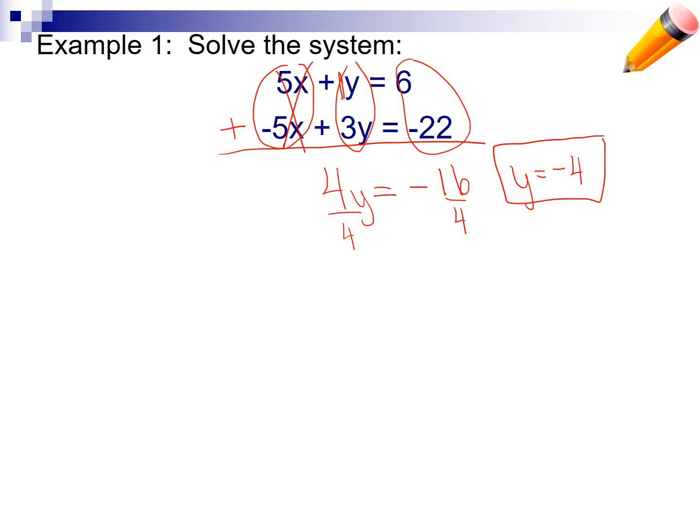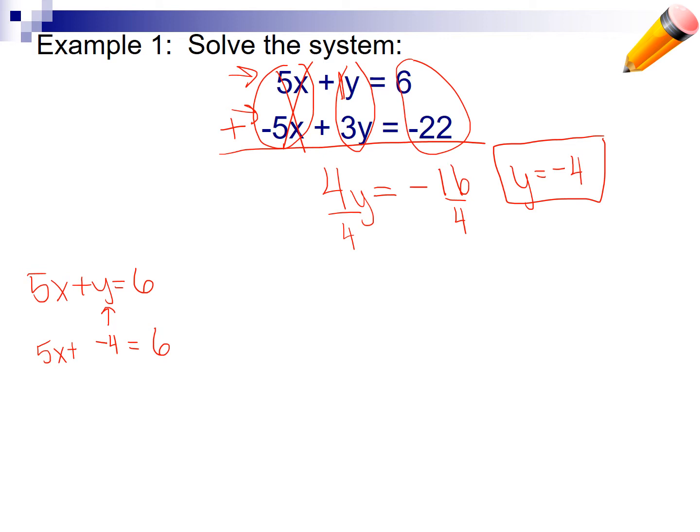Now we're going to use y is equal to a negative 4 to plug back into either my top equation or my second equation to solve for x. I'm going to plug it into the first equation. If we have 5x plus y is equal to 6, I'm going to plug in for y my answer that I found, which is negative 4, and then bring down the rest of my equation. 5x plus a negative 4 is equal to 6.